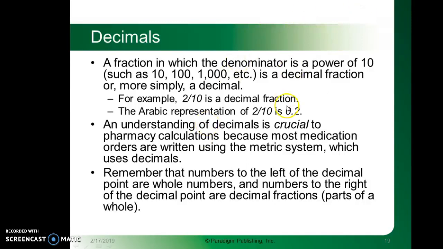So remember that anything after the decimal, for example this 2, is part of the whole. In this case, a 2/10, a whole would be 10/10, right? So 2/10, if you think about the pie example, would be 2 pieces of the whole pie, which was 10 pieces, right? So let's move on.